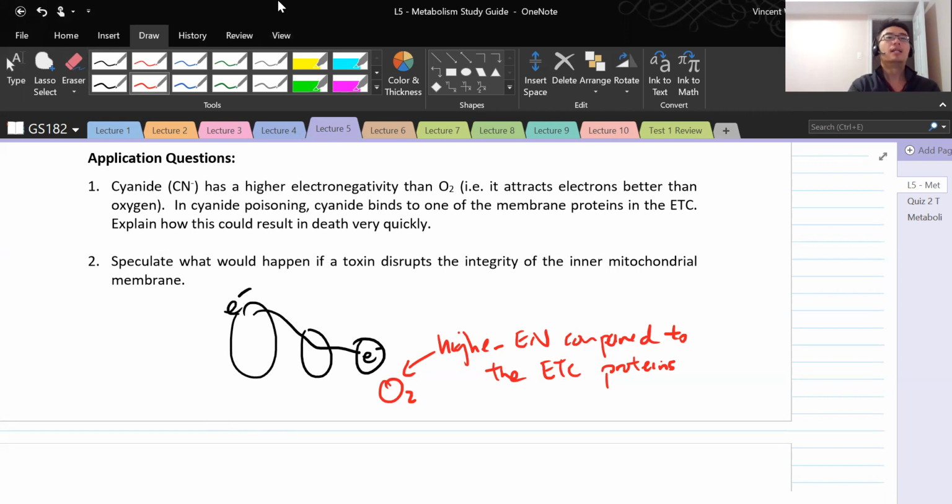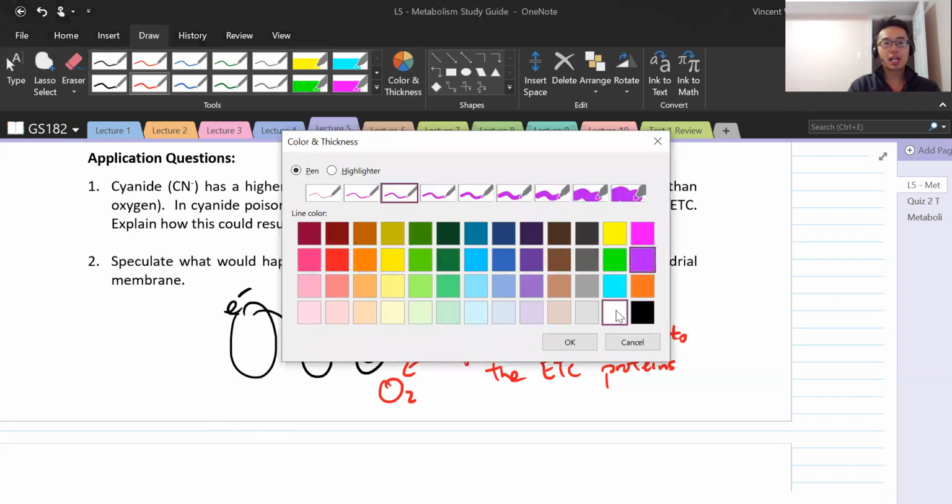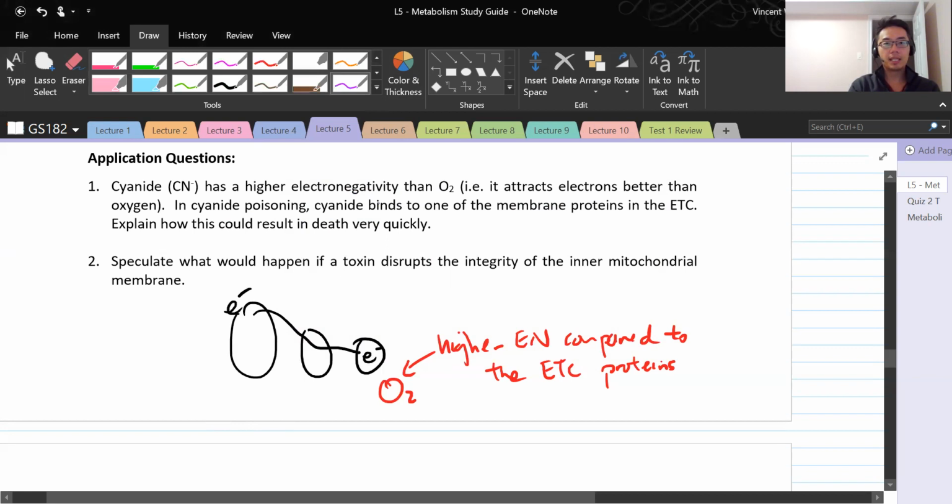That's how you die. If you have cyanide, it binds to one of the membrane proteins in the ETC. Let's say cyanide binds here, and it has a higher electronegativity than oxygen, which means O2 is no longer the strongest magnet. The electron will be stuck to the cyanide, and O2 will not be able to remove it.